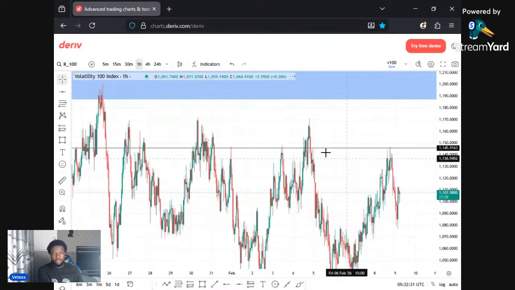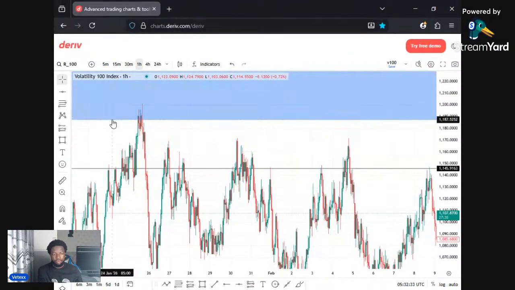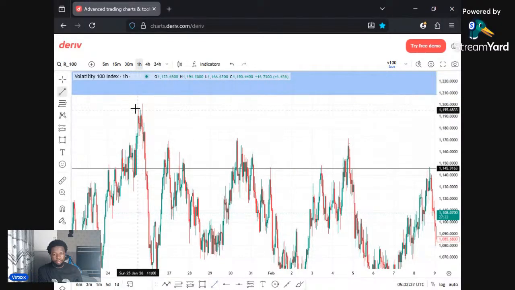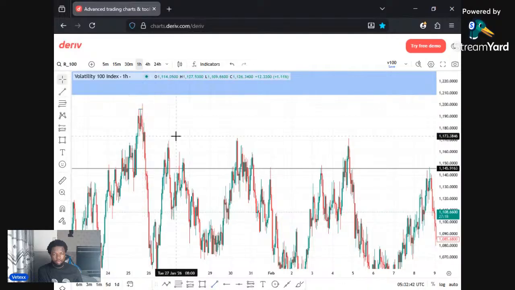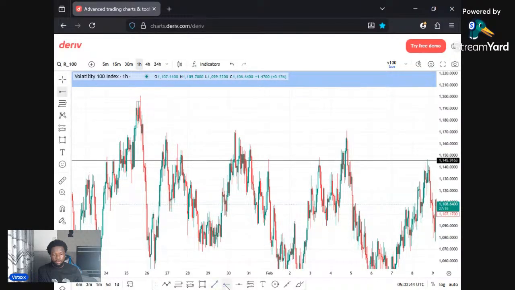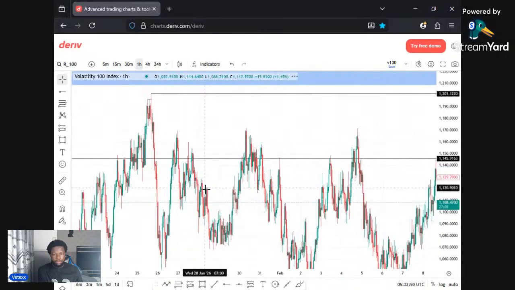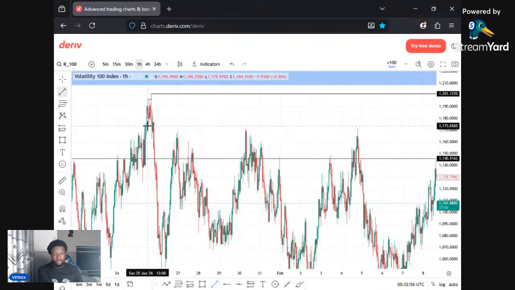In this 1-hour time frame, we have a sweep here. Then we have our protected high here. So this becomes our first break of structure, which is inside here.